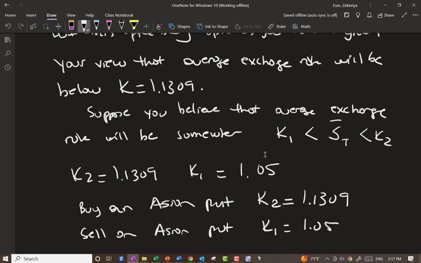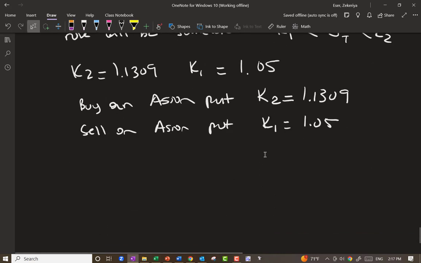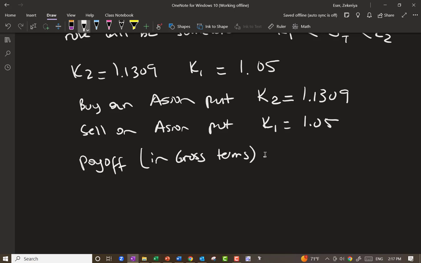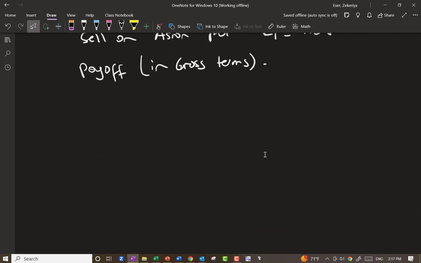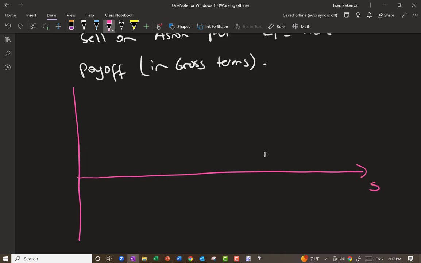So let's think about the payoff of this. Payoff in gross terms. So 1.1309.